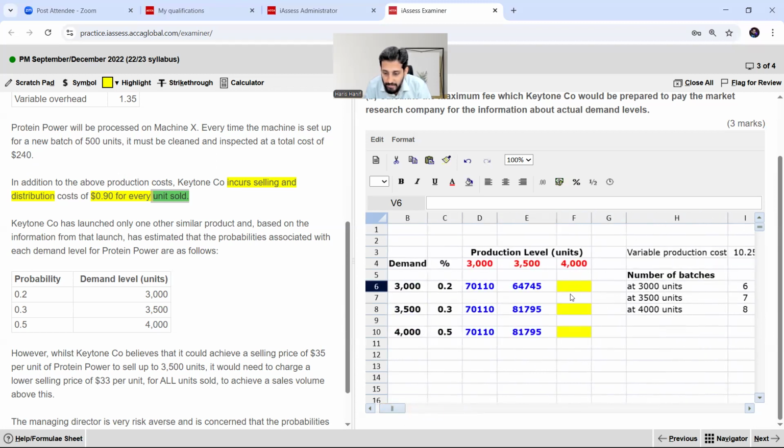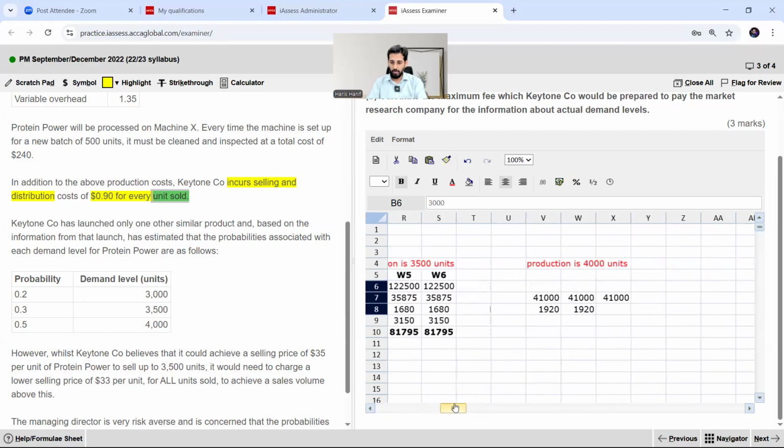Now, the difference is the number of units. Please see that in the first yellow shaded cell, there is a demand of 3,000 units I can sell. Number 2, there is a demand of 3,500 units I can sell. Number 3, there is a demand of 4,000 units, I can even sell all of it, right? So at these two levels of demand, my selling price is $35, and above that I have to sell at $33 per unit, right?